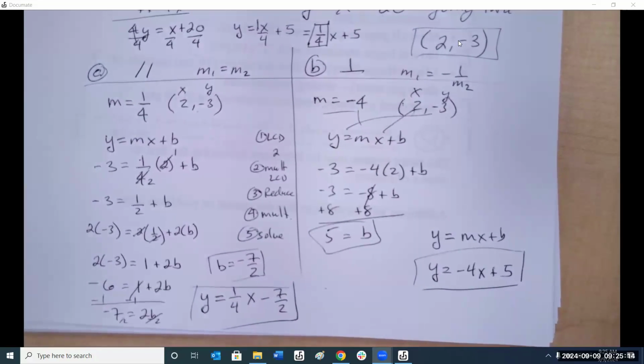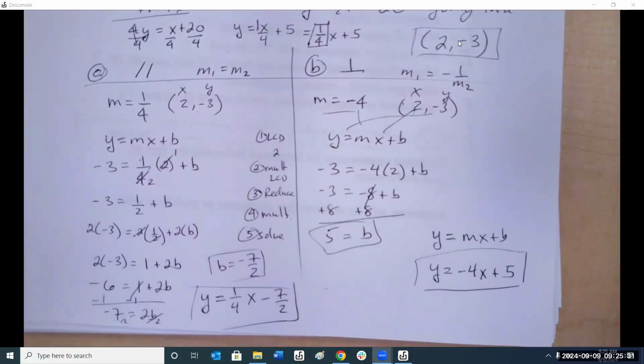So that's the equation perpendicular to it. That's it. It just takes practice, but it's always the same steps whenever you're looking for equations of lines. I'm sorry I went fast at the end. It's not that bad, I hope.